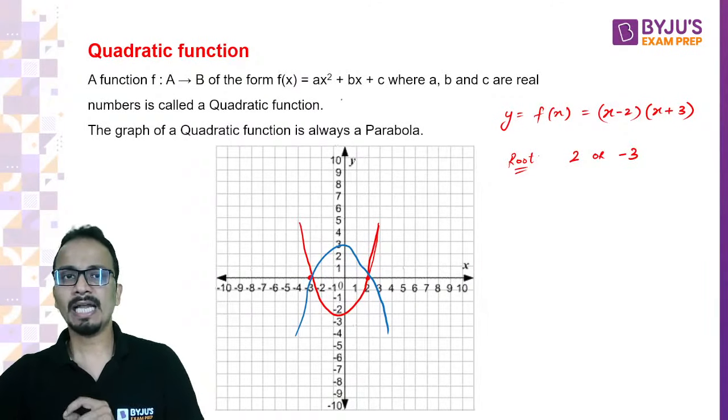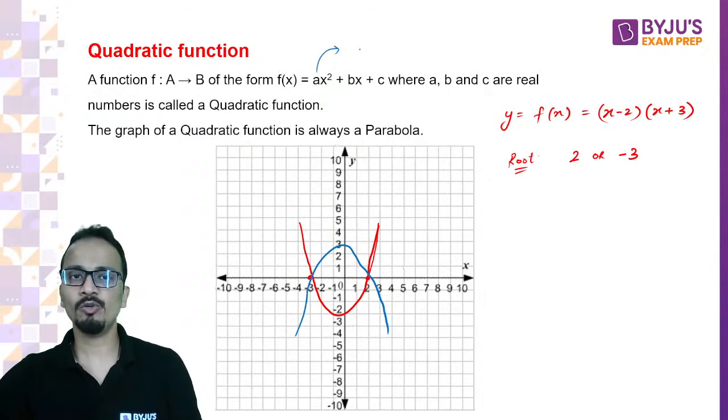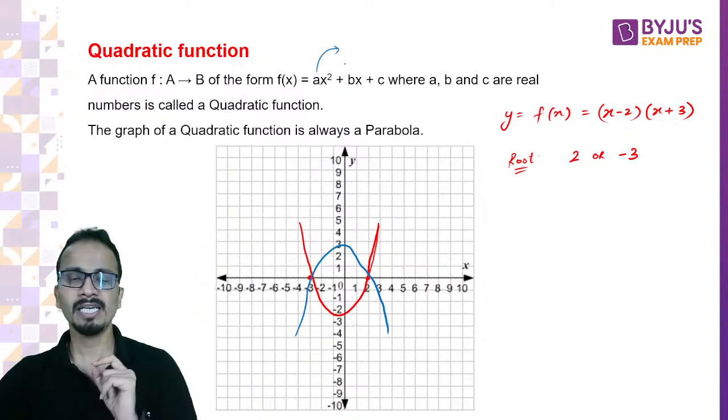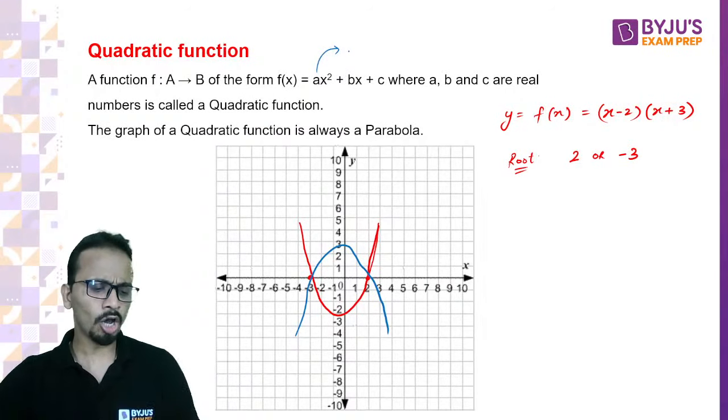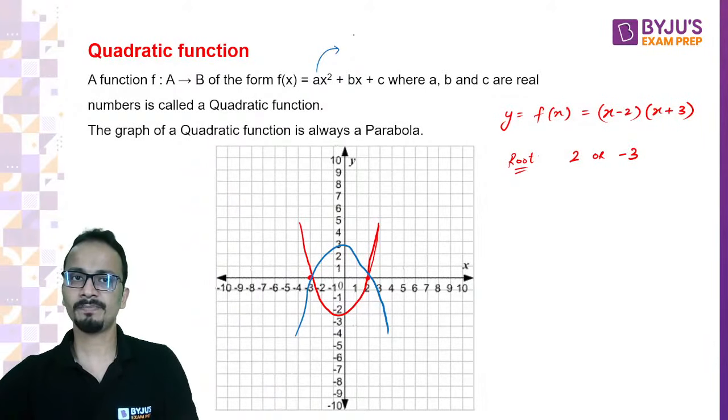Whether it is an upward opening parabola or a downward opening parabola depends on the value of a in the expression ax square plus bx plus c, or basically not on the value of a but the sign of a.